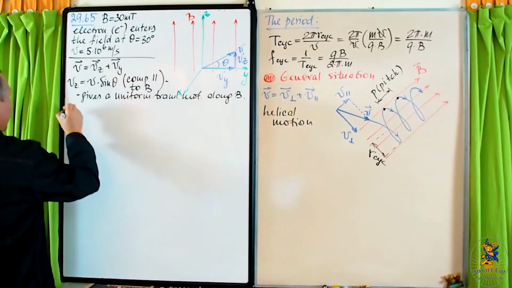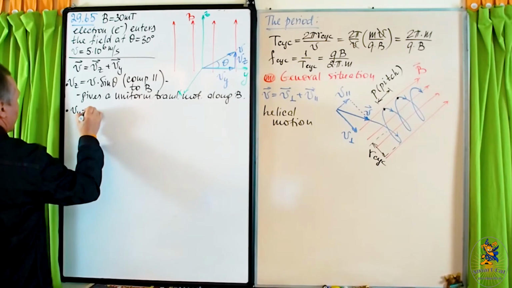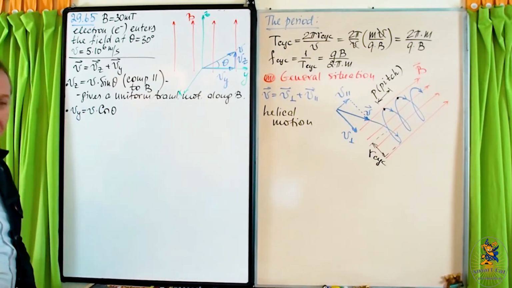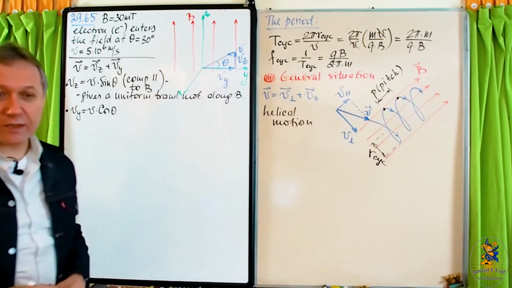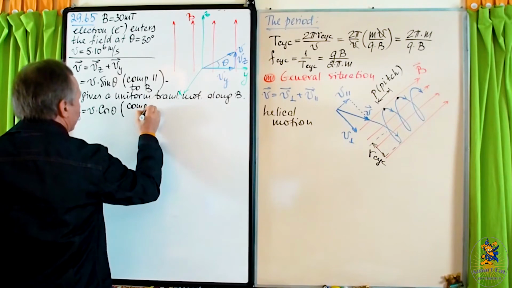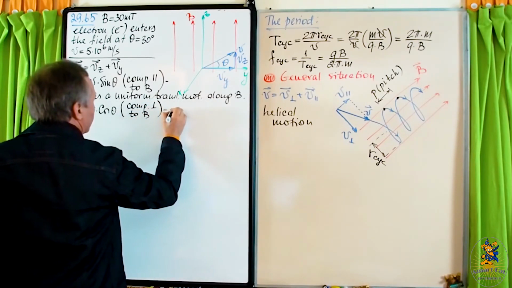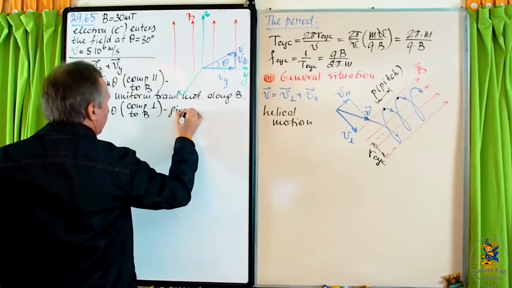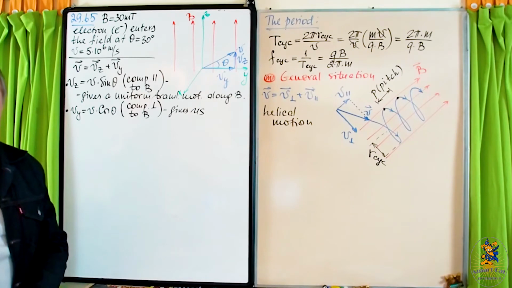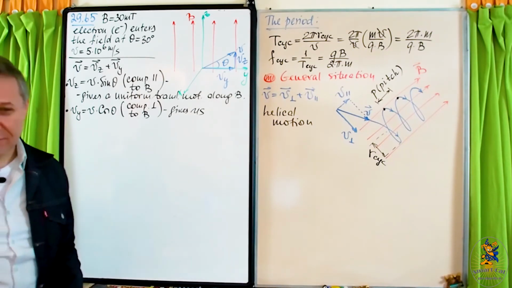And then the second component, V sub y. Of course, it will be V times cosine theta, because it's adjacent to the given angle. So it's a component perpendicular to B, and this gives us circular motion, which we call cyclotron motion, in this fancy term.